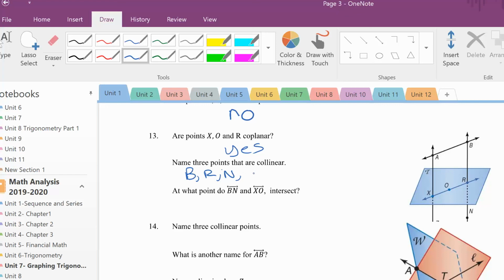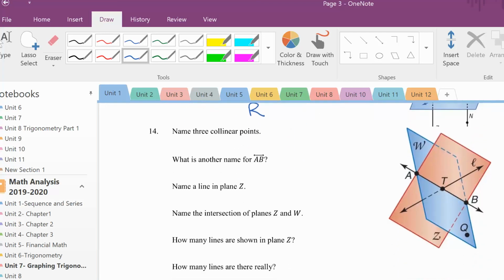You could also say X, O, and R. They are collinear. So those are the two options that you have for 3 collinear points. At what point do BN and XO intersect? BN and XO intersect at point R.